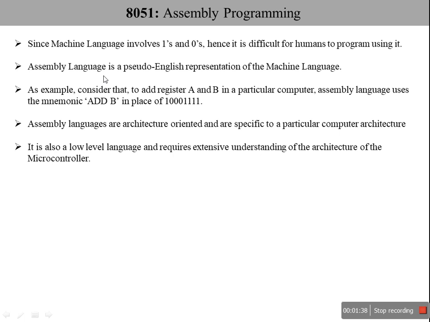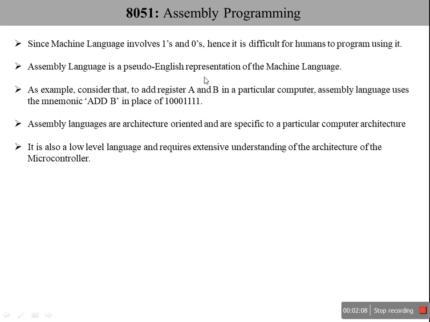Assembly language is a pseudo English representation of machine language. It is almost machine language only, but the set of ones and zeros are represented by a pseudo English representation. For example, assume the operation to be performed between A and B is addition: add the content of B register to the content of A register, and the result should be in the accumulator.